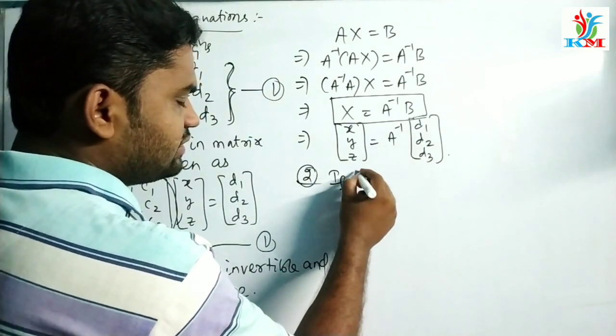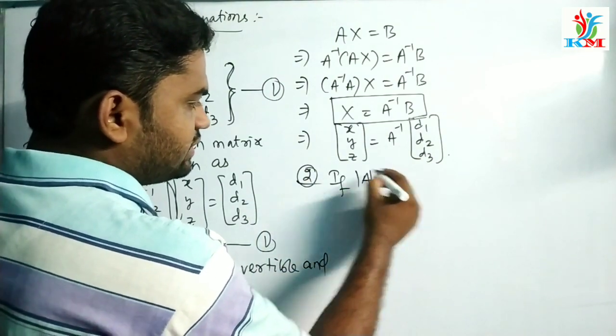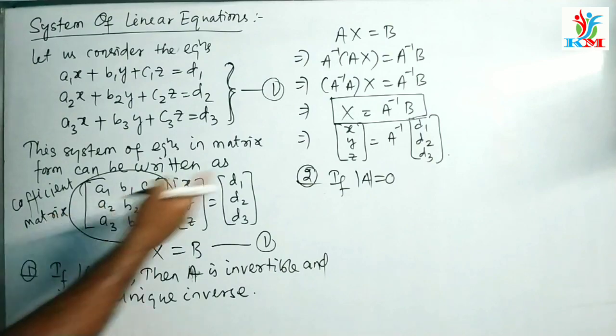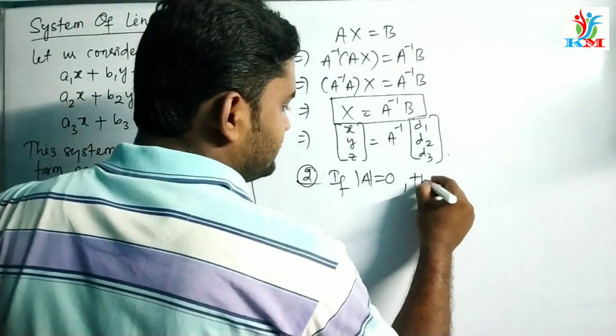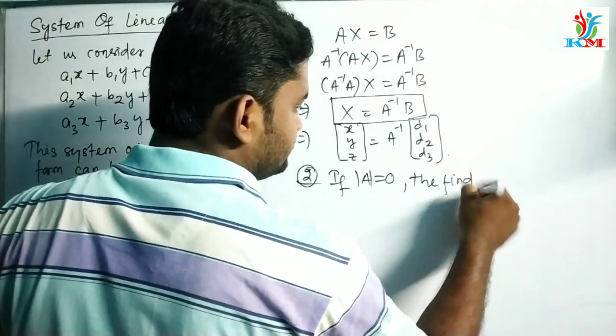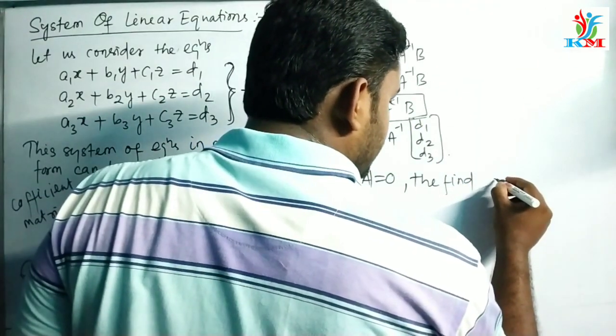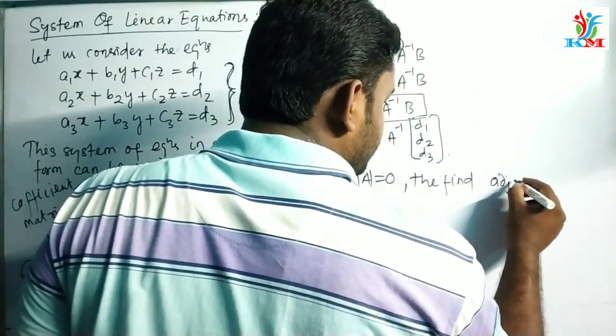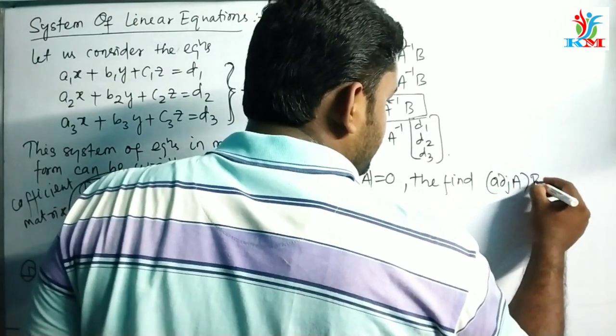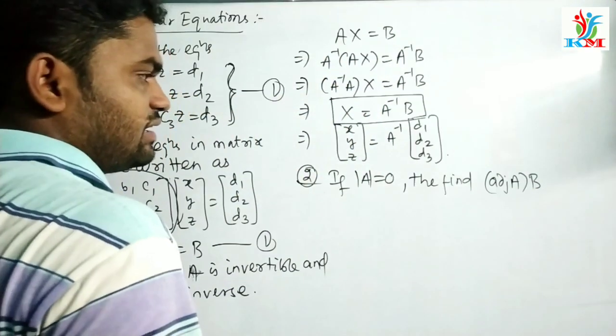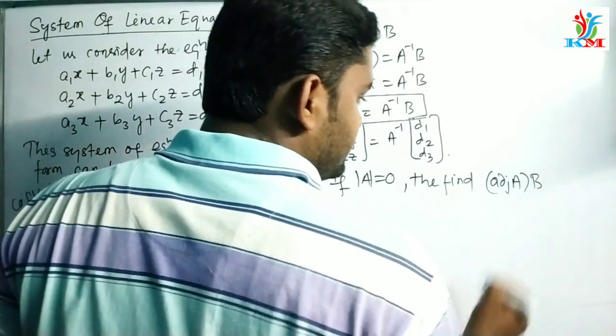Okay. And the second point is, if we get determinant of this coefficient matrix A is 0, then find adjoint of A into B matrix.